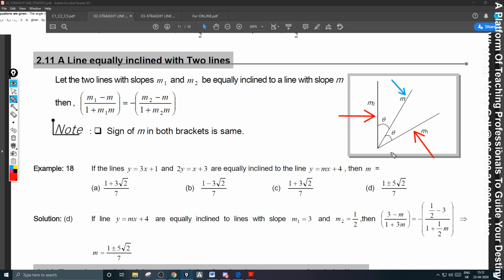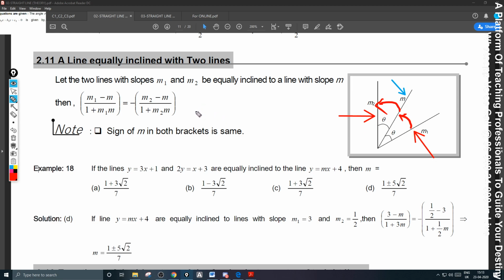The given line slopes are m1 and m2. The required line slope is m. Then while applying the formula, you should not reverse or interchange the direction. That means you have to take the continuation of the direction like this. You will understand after me writing the formula.